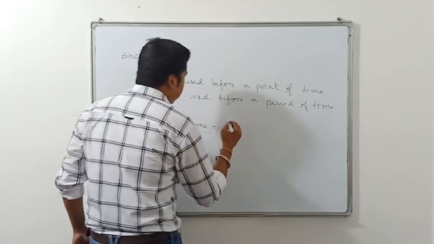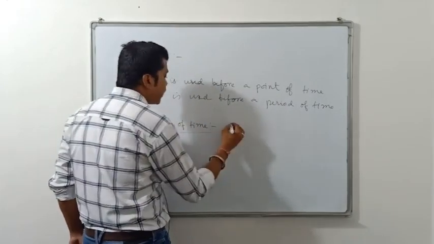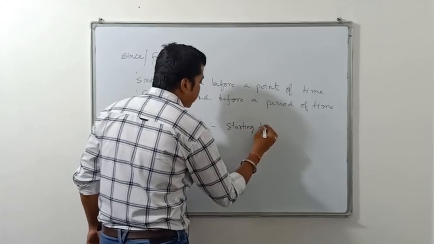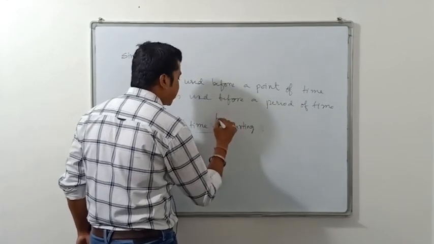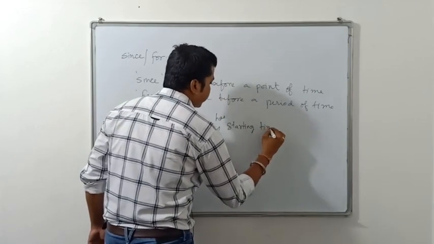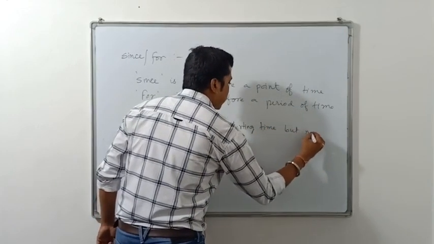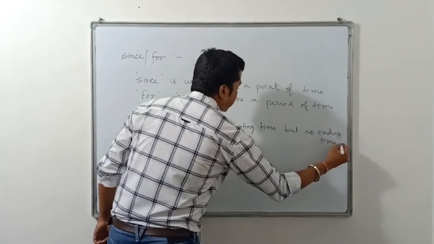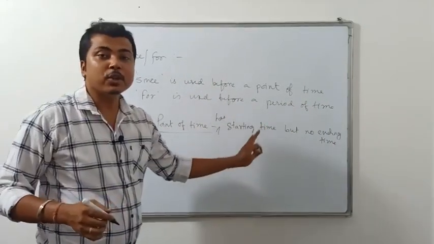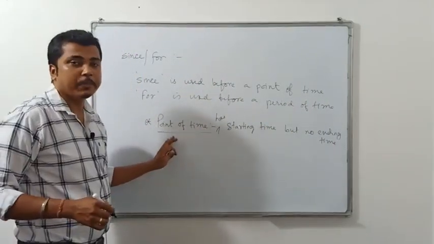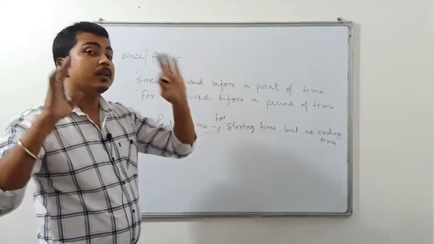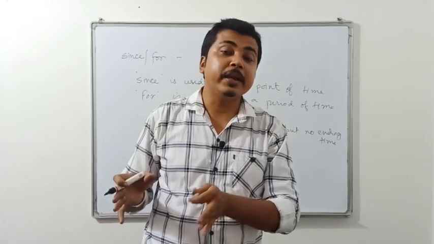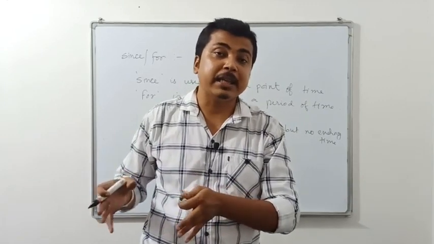Okay, suppose point of time, how you can remember? You can remember in this way, has starting time but no ending time. Okay, has starting time but no ending time, that is called point of time. Point of time means you can identify that action when it was started, but you cannot identify when it ended or up to how much time it has continued.